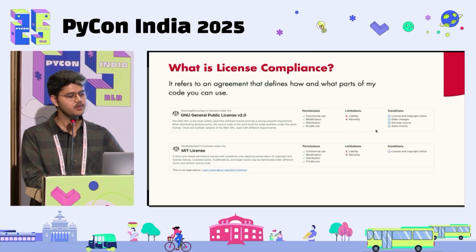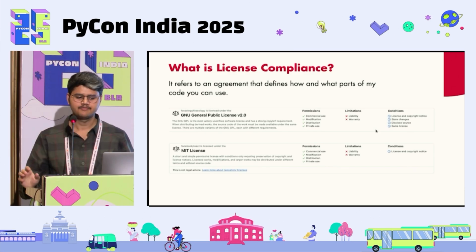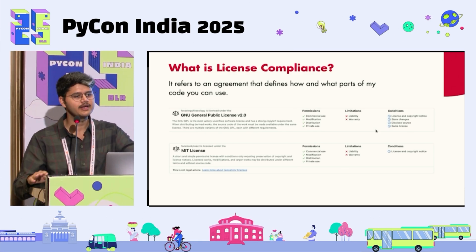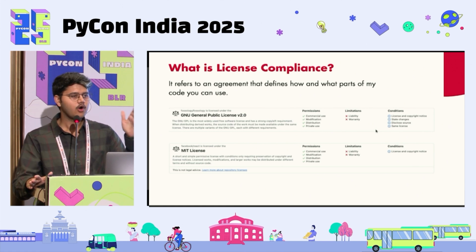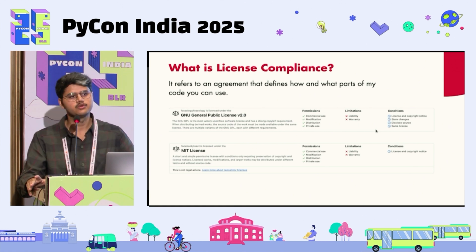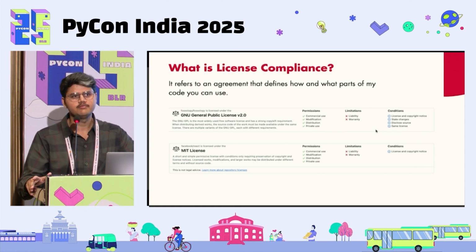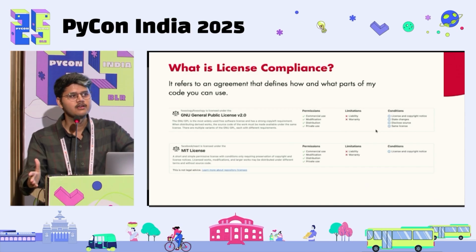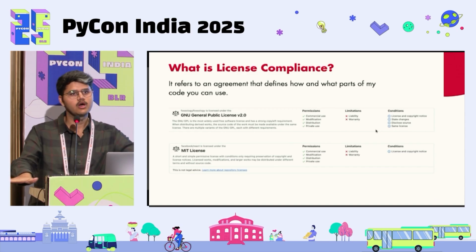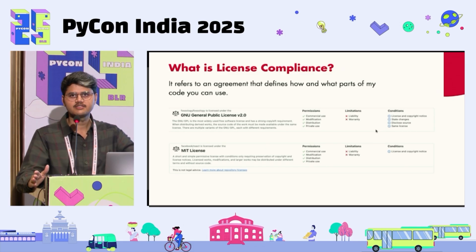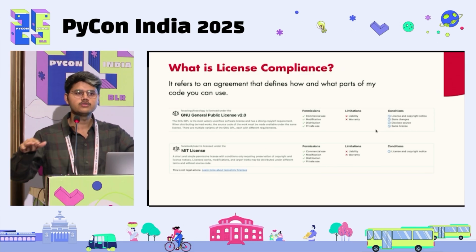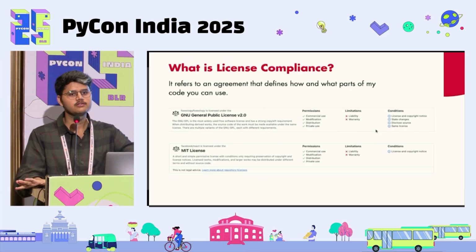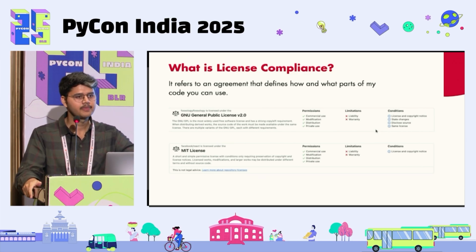So, starting with what is license compliance? License compliance basically refers to an agreement on how and what parts of my code you can use. There's a very famous license called the GNU General Public License, or GPL. It has a very strong copyleft requirement, which essentially means that if you use code that is licensed under the GPL, then you also have to license your code under the GPL itself.